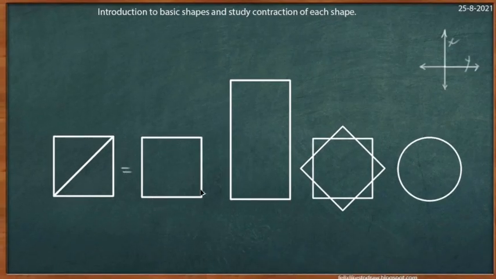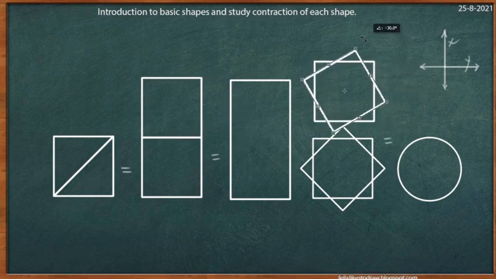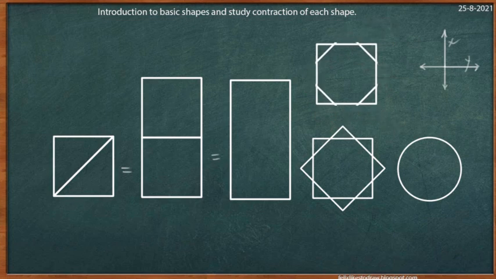If you combine two squares, you get a rectangle over here. I'm using that same square to make an octagon. And this way, you can create as many shapes as you want.